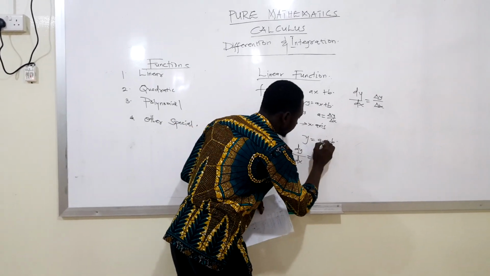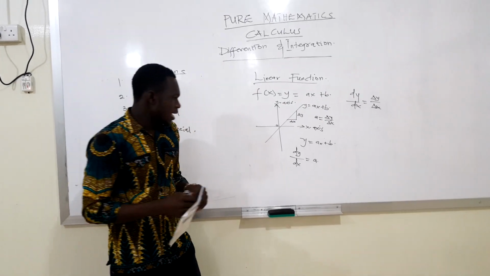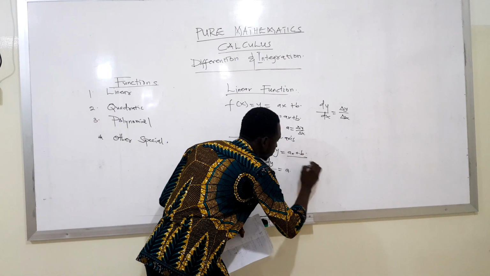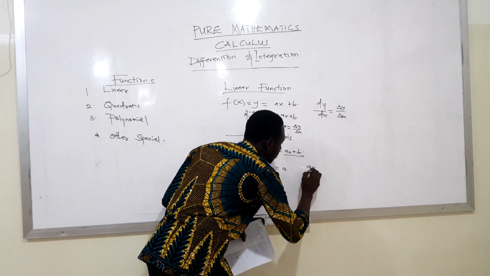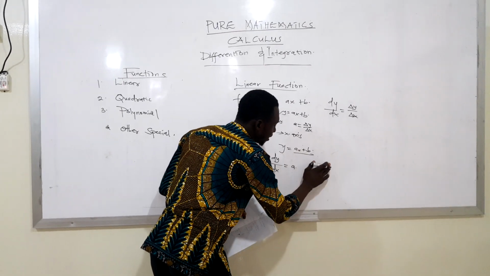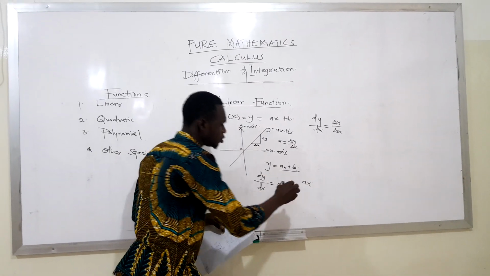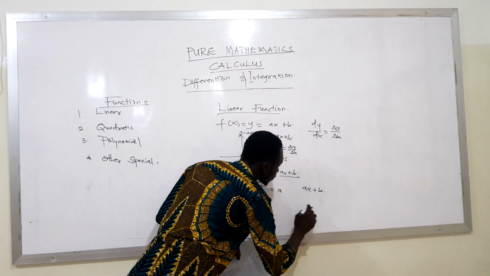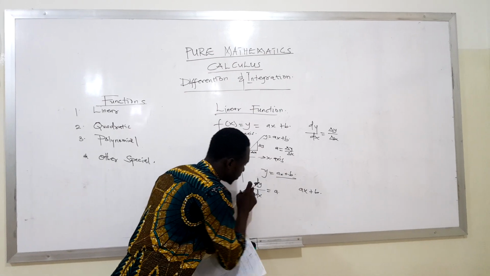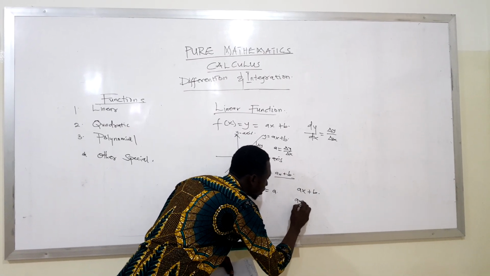In differentiation, we consider the independent variable, and given this expression, simply ax, there is a superscript 1 here, which is imaginary, or not shown over there, so plus b. Then in finding the dy dx, we just a times 1.